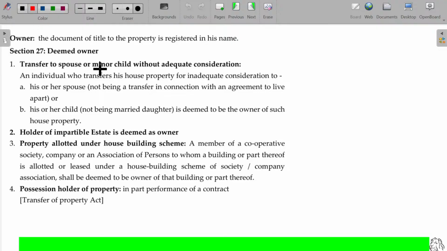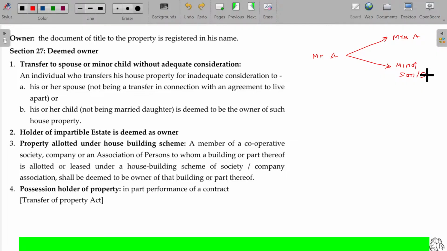In the very first case, Mr. A transfers his house property to Mrs. A, or to a minor son or daughter, the daughter being unmarried.